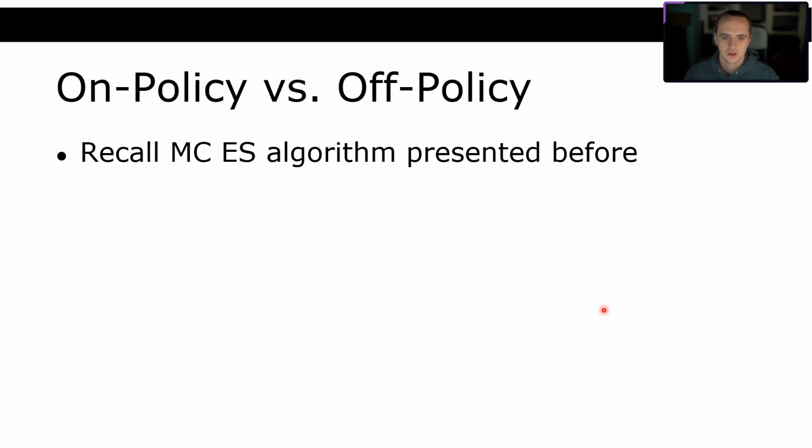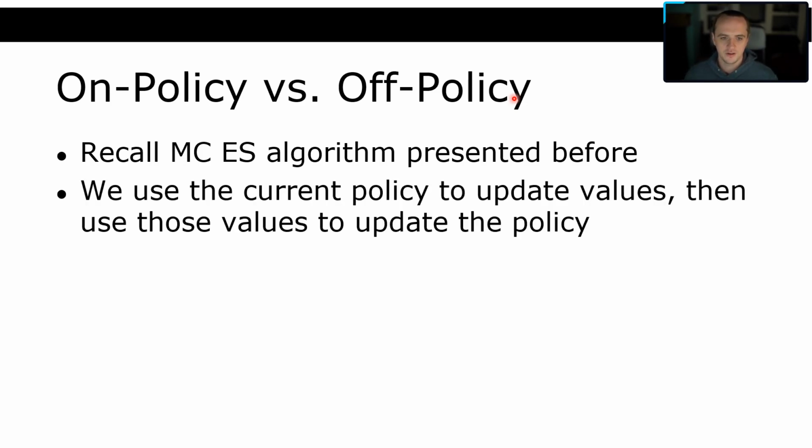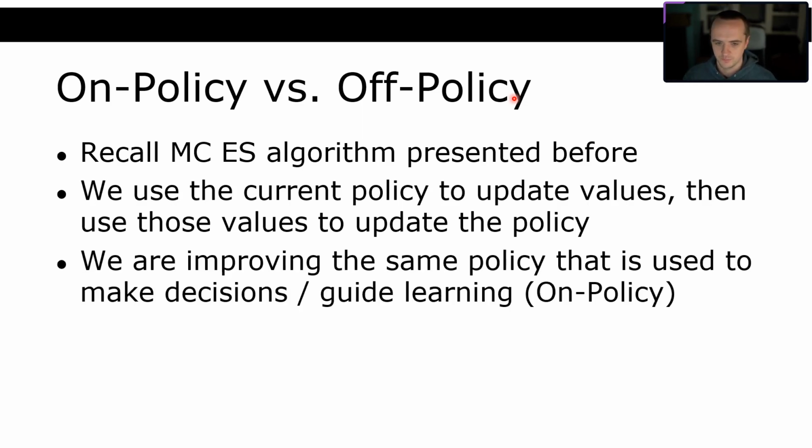Recall the Monte Carlo exploring starts algorithm that we presented before. If you haven't seen that slide, you'll be a bit lost for this one, so go back and watch the previous lecture. What we did was we used the current policy to update our values, and then we used those values to update the policy. This was the general policy iteration that we were talking about.